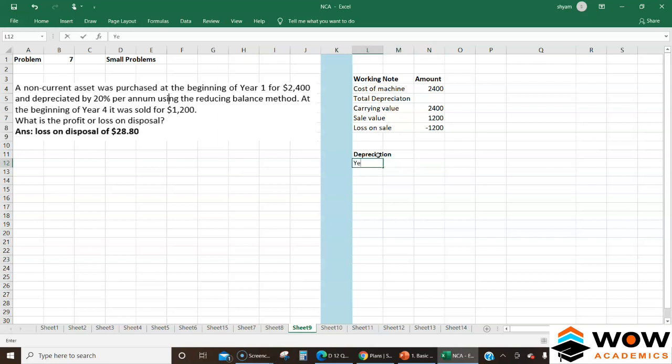Year one. So machine value or NCA value. At the first time it was 2400, right?